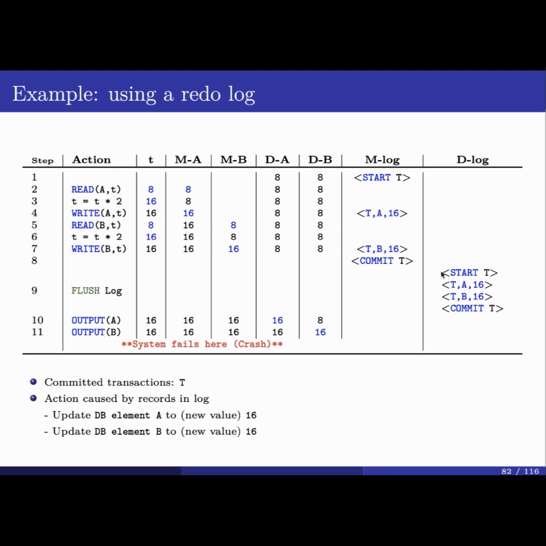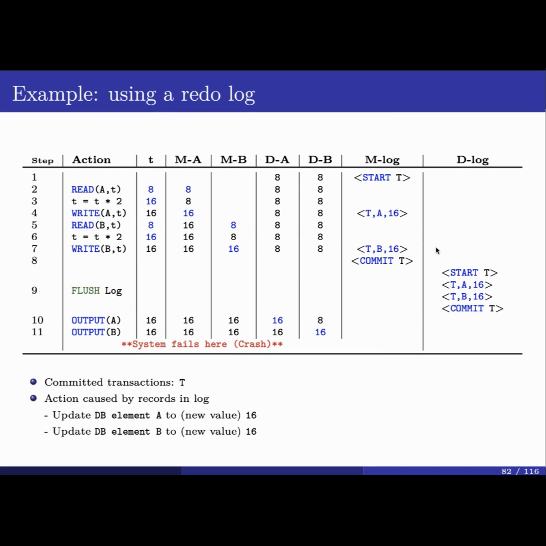You have to start forward, from the beginning here. So first you need to update the database element A to the new value 16. Then you update the database element B to the new value 16. If you have a question like this, you just have to specify, for example, I'm going to perform this operation: A equals 16 and B equals 16. Show me what the action is and show me the order of it. Okay.